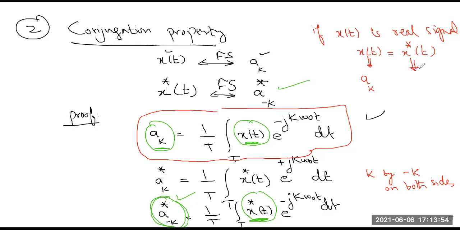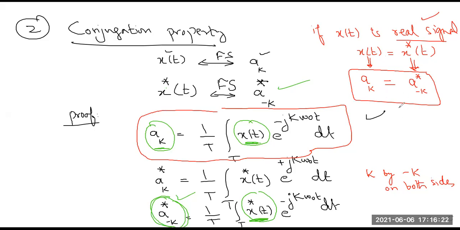So if x of t is equal to x conjugate t because the signal is real, then of course their Fourier series coefficients will also be equal. So for real signals, Fourier coefficients will have this relationship: a sub k must be equal to a sub minus k complex conjugate.